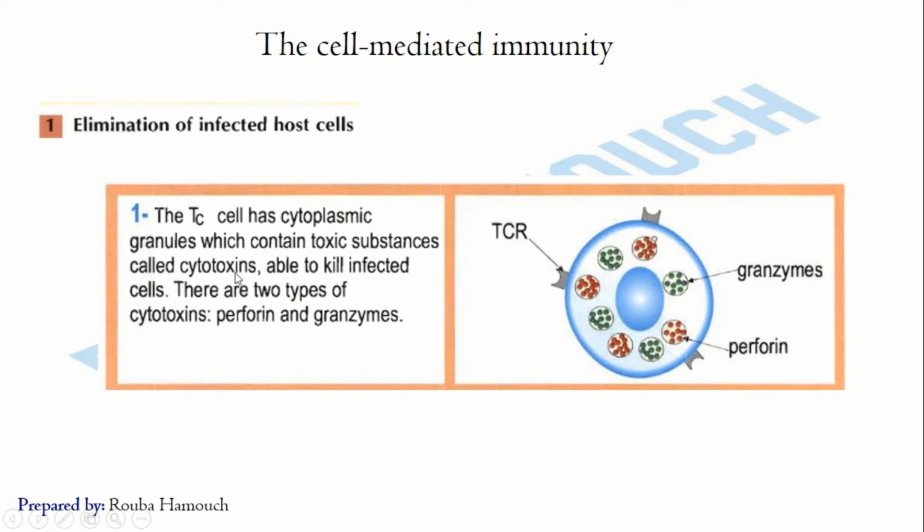Cytotoxins means substances toxic to the cell, substances that kill the infected cells, that destroy the infected cells by the degradation of its DNA. The two types of cytotoxins present in the cytoplasm of T lymphocytes are granzymes and perforin.